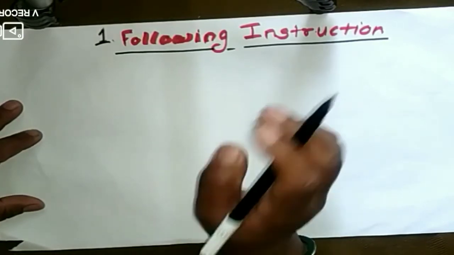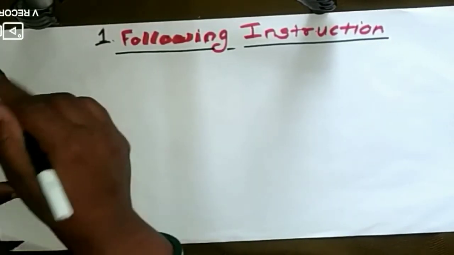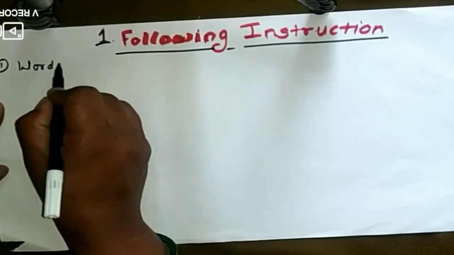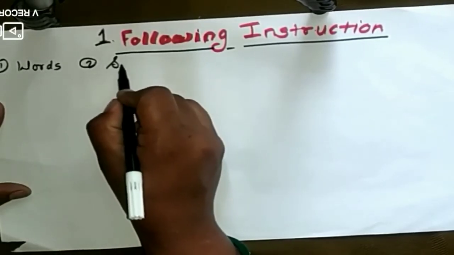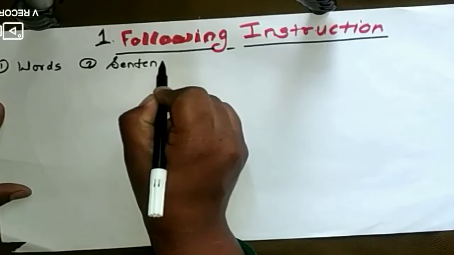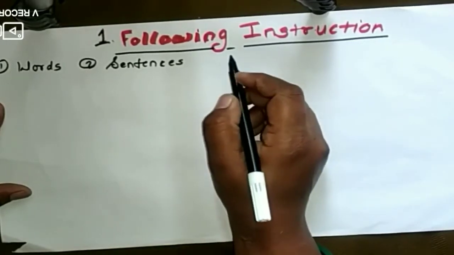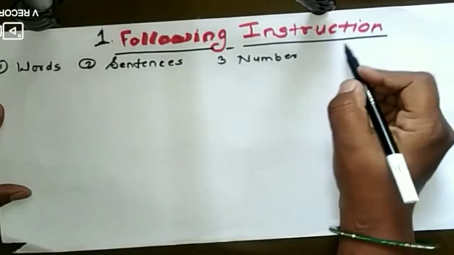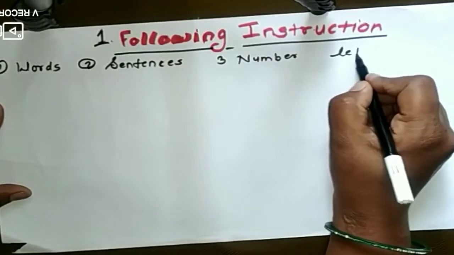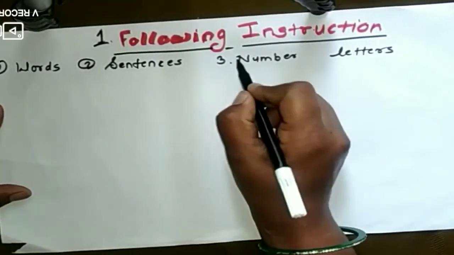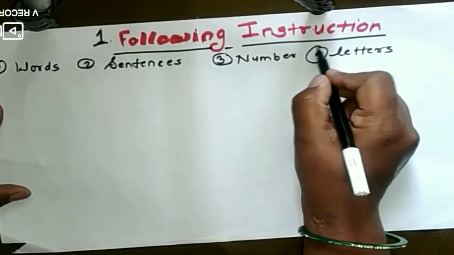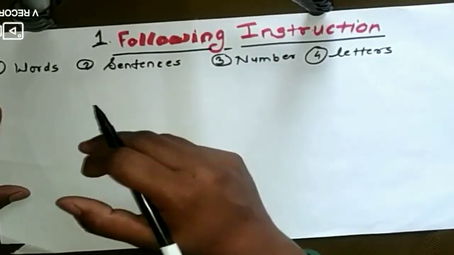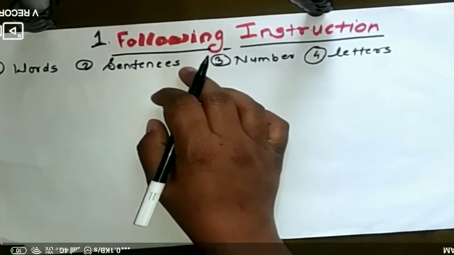Okay, so for that they are giving us some words, or some sentences, or some numbers, or some alphabetical letters, as in the English alphabet. And based on these words, sentences, numbers or letters, they are providing us some questions, and we have to solve the questions.